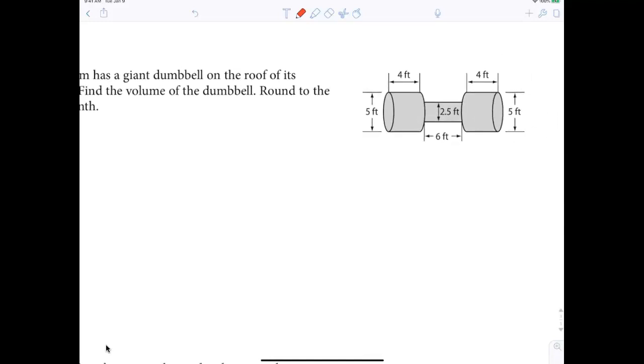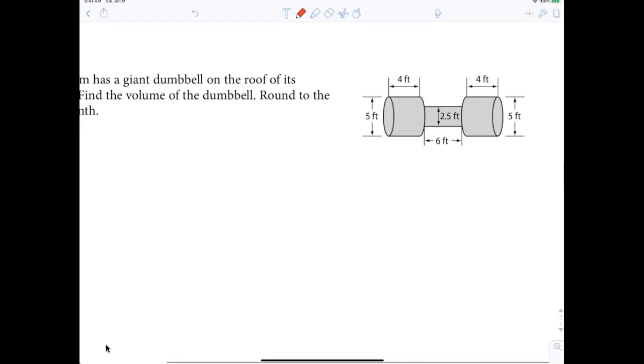Now, somebody tell me why this one's not as hard as 3 cylinders. Because, why, Sean? They're the same thing, right? So these two cylinders are exactly the same. So what I want you to do is write down volume 1 is equal to pi r squared times h.